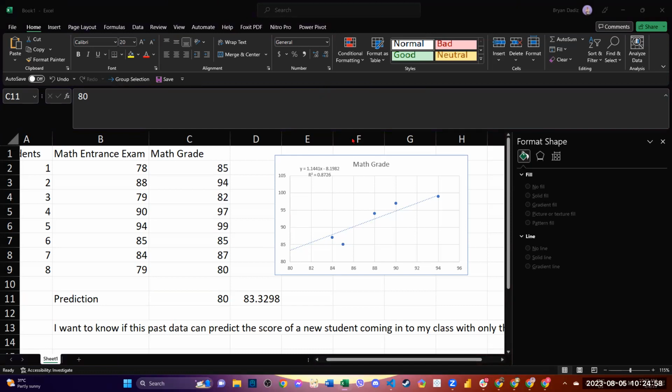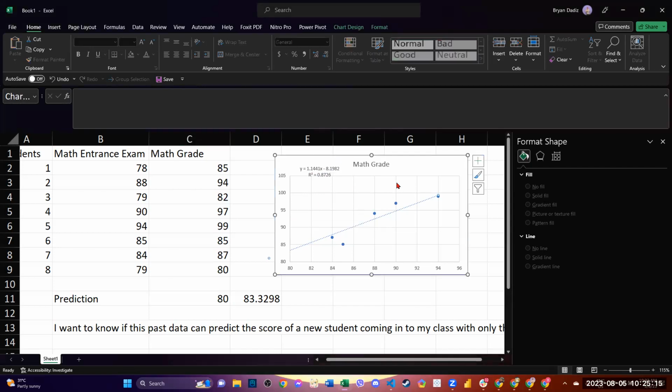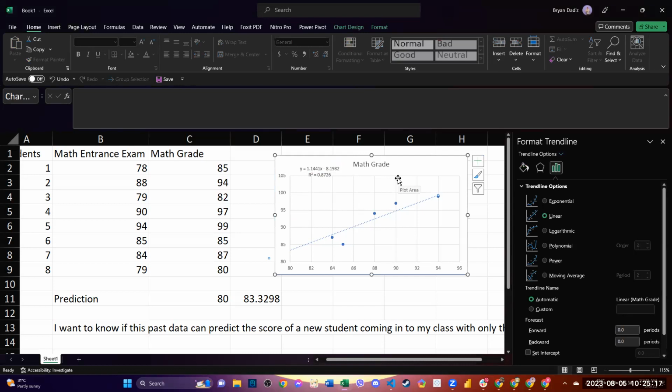So, tanong ni Stephanie, saan nanggaling yung 1.441x minus, actually, ano yan, sinosolve yan using the linear regression formulas dito sa trend line na to. However, ginawa na sa atin ni Excel yun.